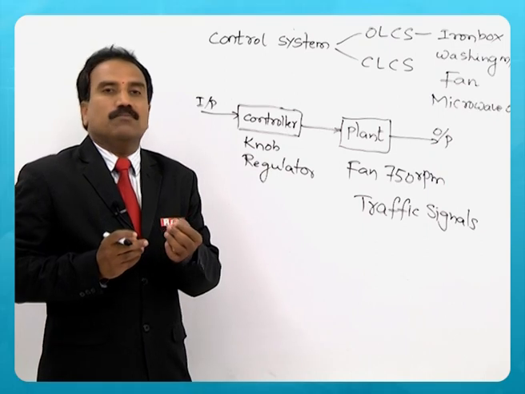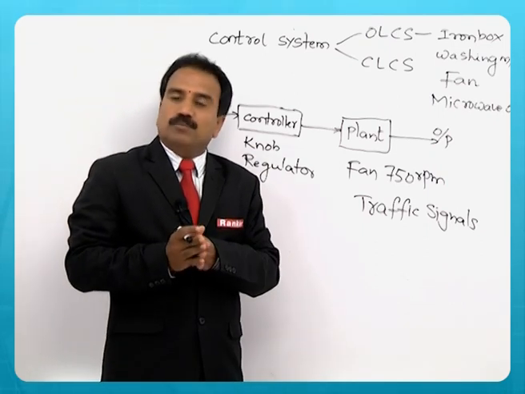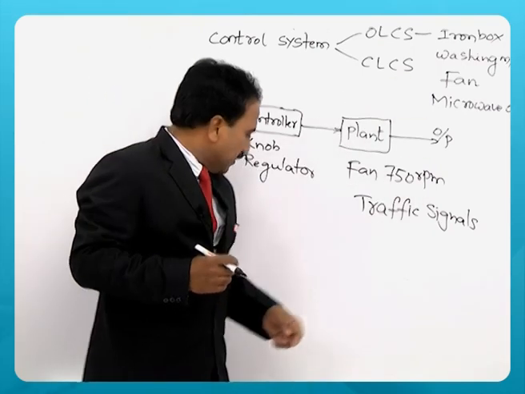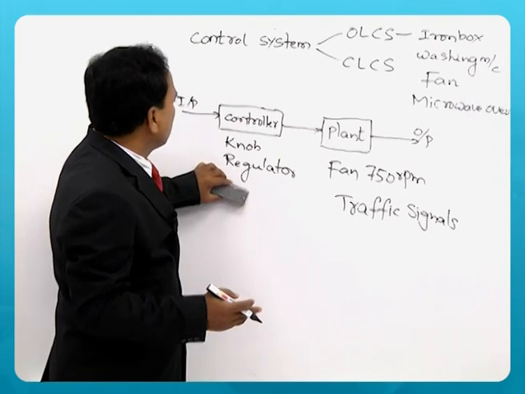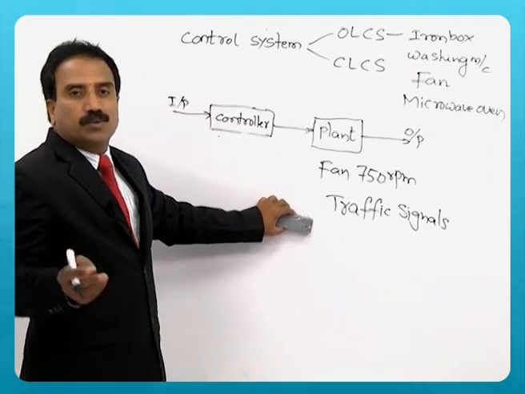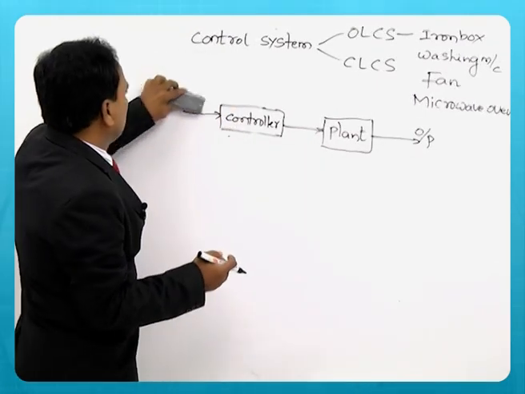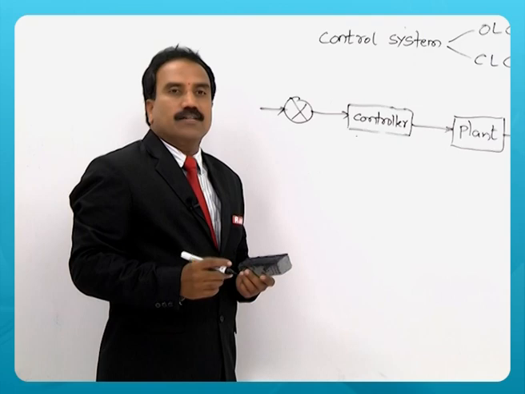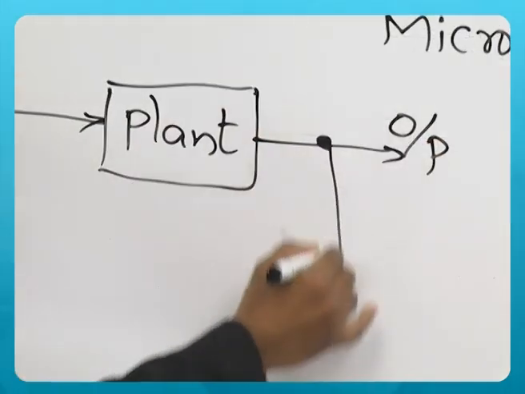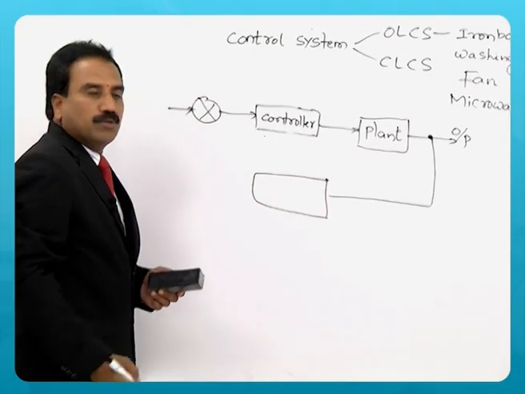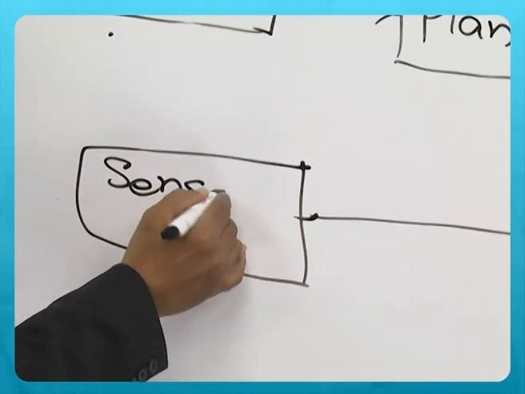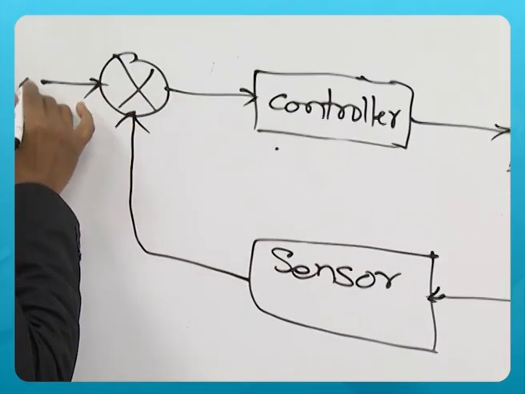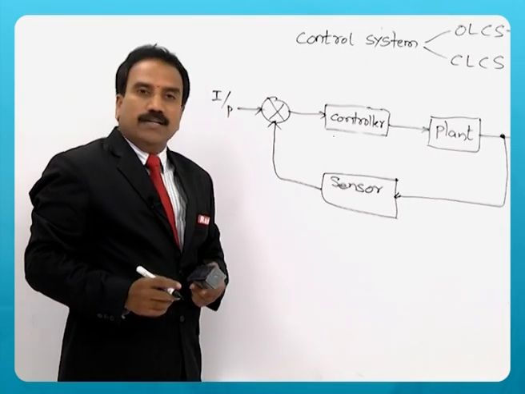That is why it is an open loop control system. No doubt control is involved, but it is not a closed loop, because the purpose of a closed loop control system is to expect accuracy and some purpose. All these control systems with a sensor become closed loop control systems. That means before the input there will be an element called the error detector, and the output is sensed by a sensor called the feedback element, and that output is taken to the input and compared.